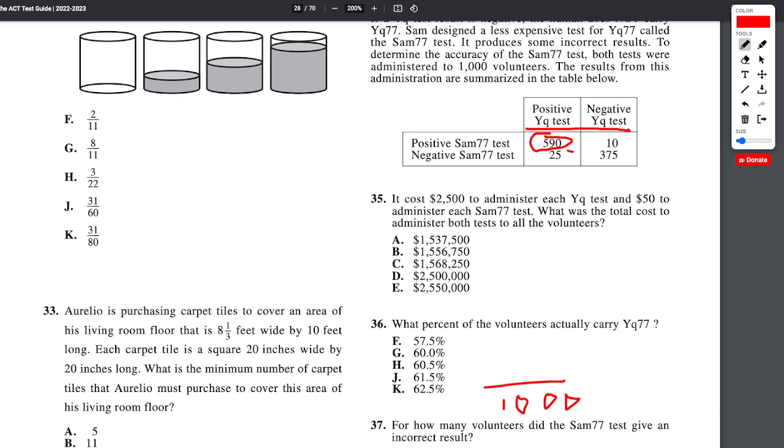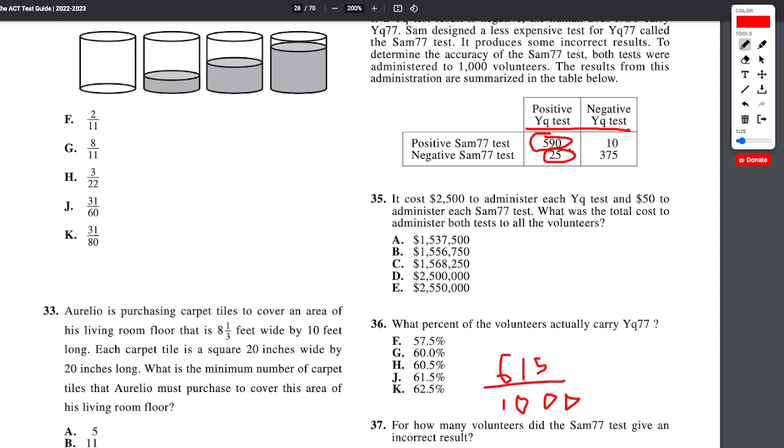And these 25 are also in the positive. So everyone in this table has it. The SAM77 test said that yes, these 590 have it, but it missed the other 25 people. So it's 590 plus 25 people. The 25 people were the incorrect result part, 615.